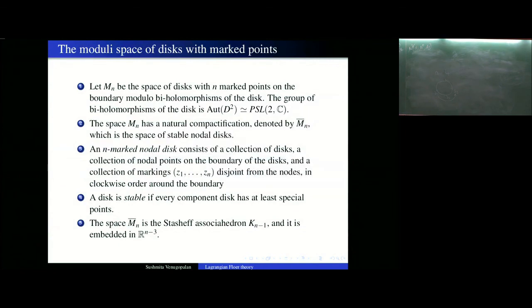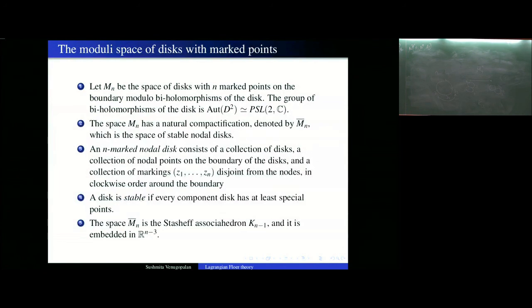So the moduli space is going to be one-dimensional. M4 is a line. At one endpoint, Z4 hits Z1, so you get this picture: 2, 3, 4, 1. And at the other end, Z4 hits Z3, and you get 1, 2, 3, 4. And this is also the K3 associahedron.